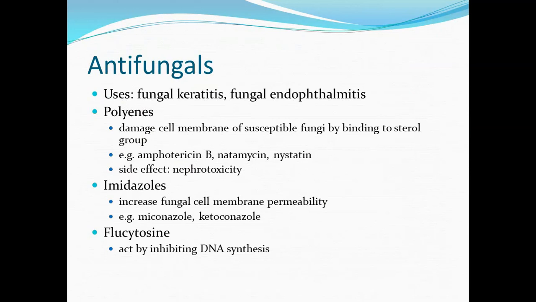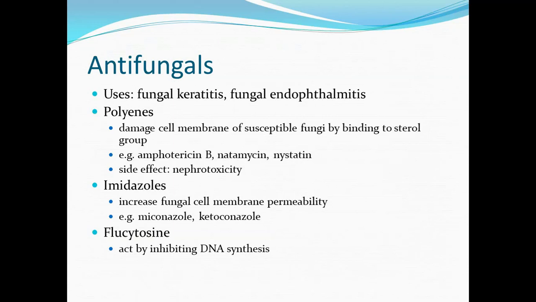Antifungals are usually used in fungal keratitis and fungal endophthalmitis. There are again different groups of drugs here. The first group is polyenes. They damage the cell membrane of susceptible fungi by binding to the sterol group. So under this we have amphotericin B, natamycin, and nystatin. The next group of drug is imidazole. It increases fungal cell membrane permeability.